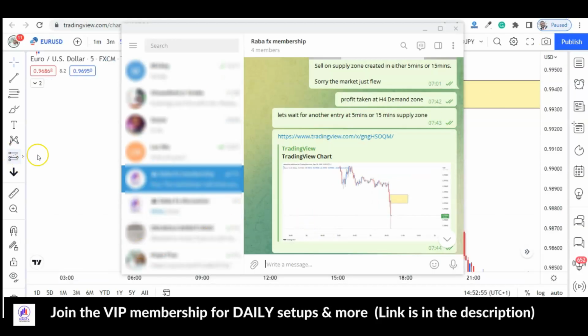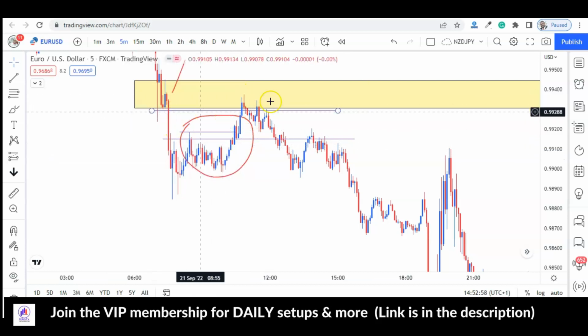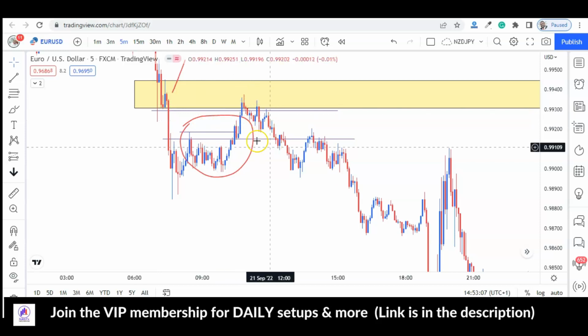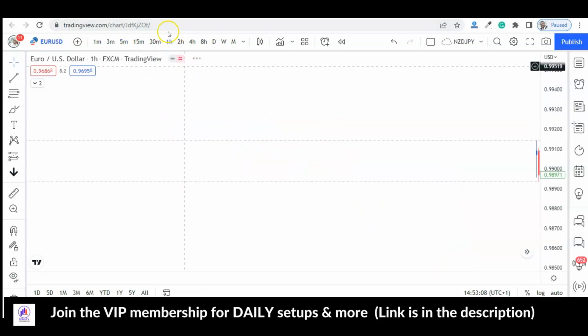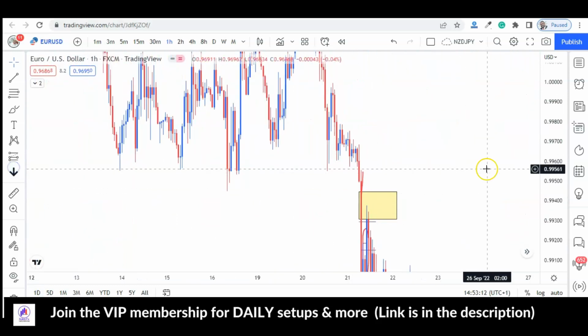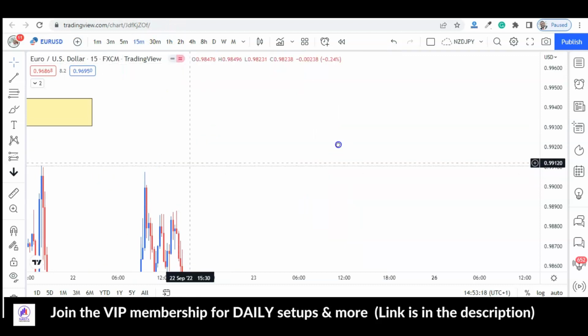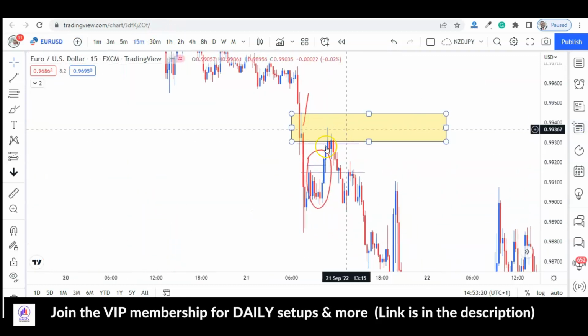The market, as you can see here, came up, tapped into this, and then we continued the move down. Looking at this 1 hour, there was a 15 minutes, 15 minutes. So that was it. We took the trade.